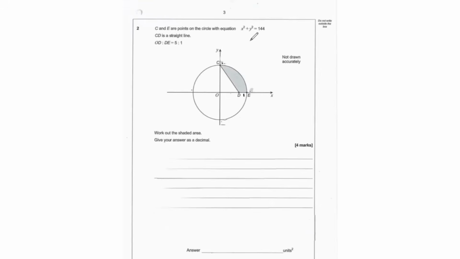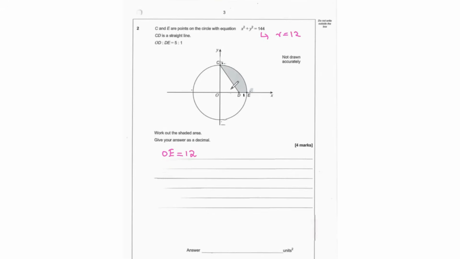So we have the equation of the circle, which is x squared plus y squared equals 144. This means that your radius is 12, because 144 is 12 squared and the square root of 12 squared is 12. So the radius is 12, which means this entire distance from O to E is 12.